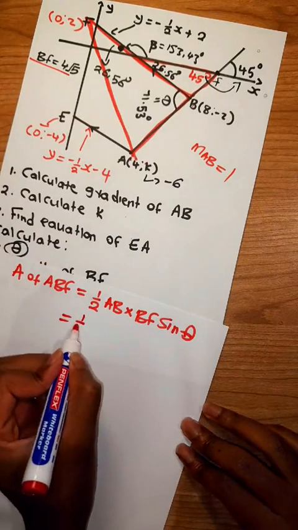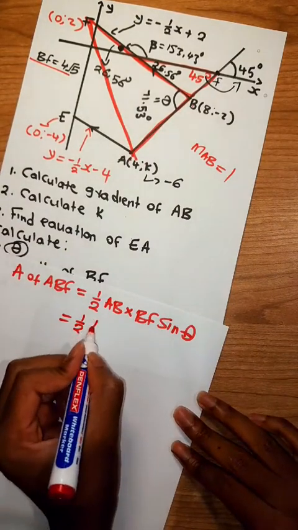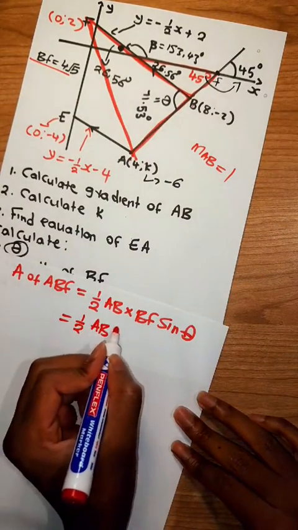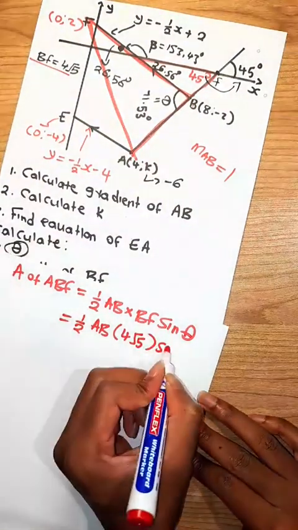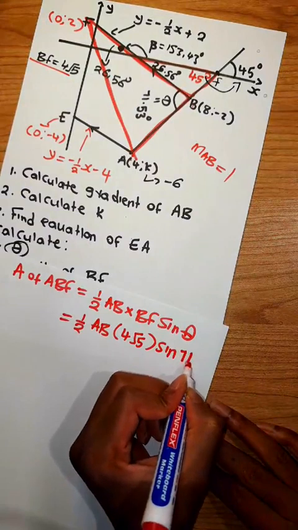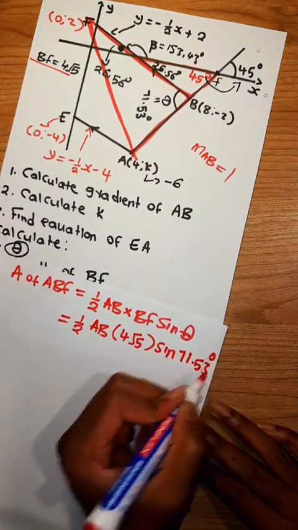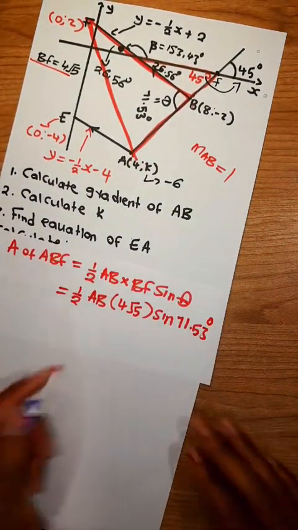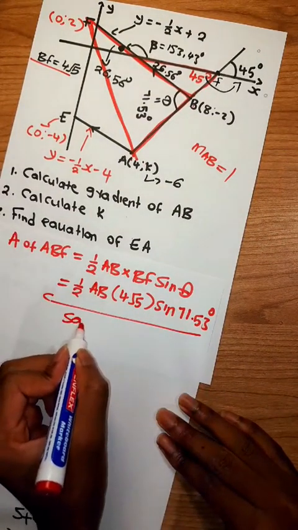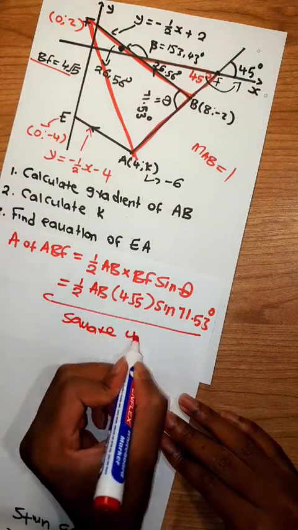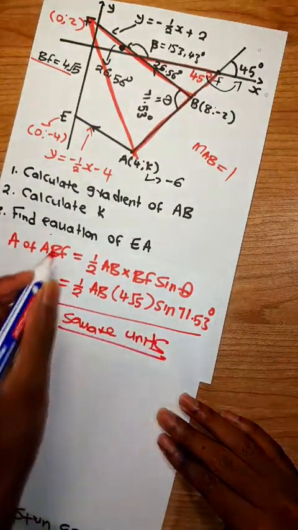It's going to be 1 over 2 times AB, which you're going to find on your own, times BF, which is 4 root 5, times the sine of 71.53 degrees. That is actually your answer. And by the way, when you find this answer, it should be in square units, because it is the area.